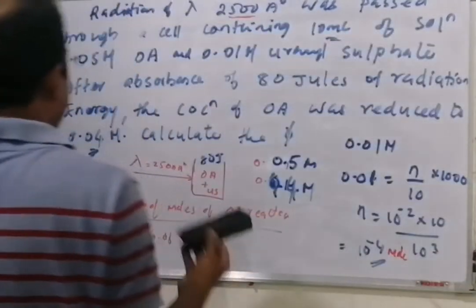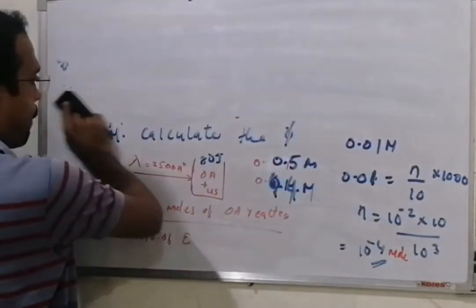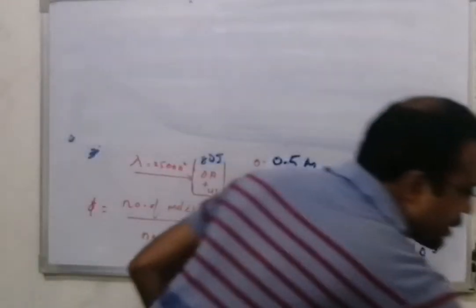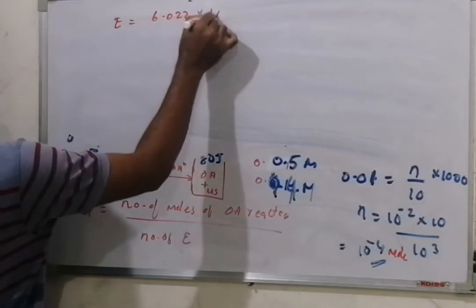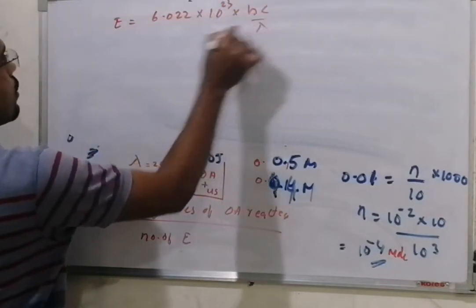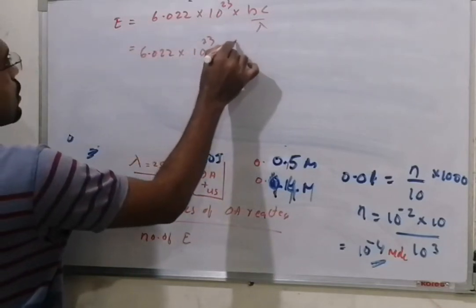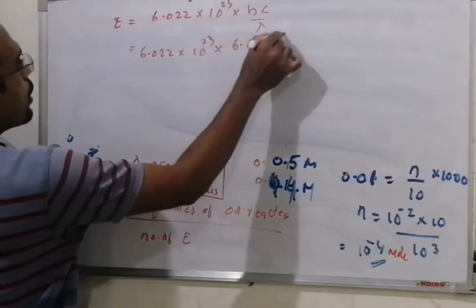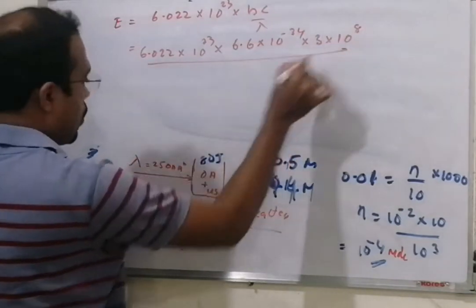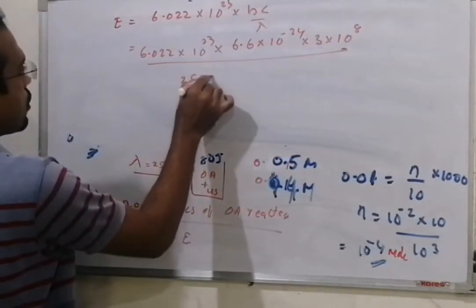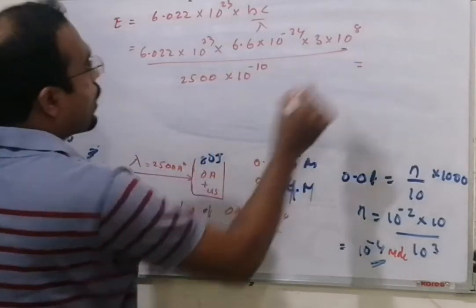Now we want to calculate the number of Einstein. 1 Einstein is equal to 6.022 into 10 raised to 23 into hc by lambda. That is 6.022 into 10 raised to 23 into 6.6 into 10 raised to minus 34 into 3 into 10 raised to 8 meter per second, all divided by lambda, which is 25 into 10 raised to minus 10 meter (angstrom).